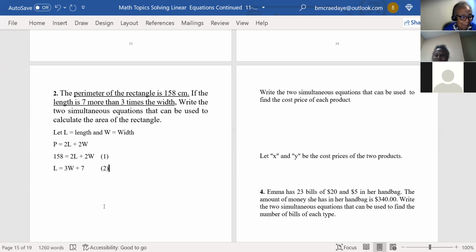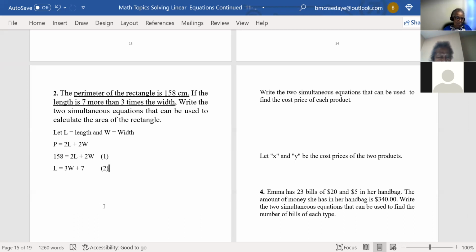It's a simple thing when you explain it, but you've got to think of what these actual words mean. When it says is, that translates to a mathematical equal sign. More than translates to an addition sign.